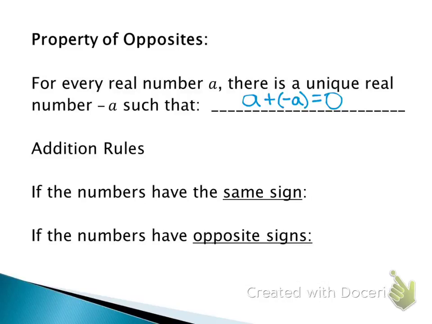For our addition rules, if the numbers have the same sign, we are going to add the absolute values and keep the sign.